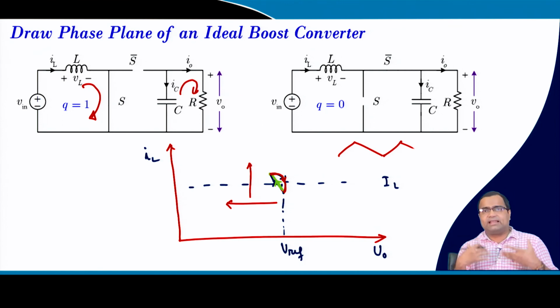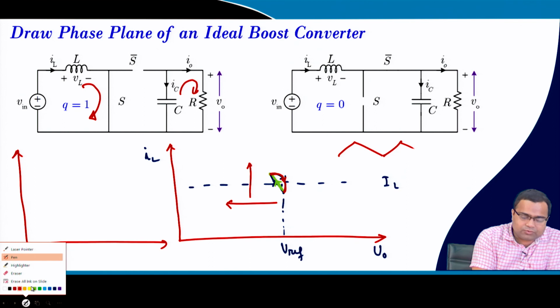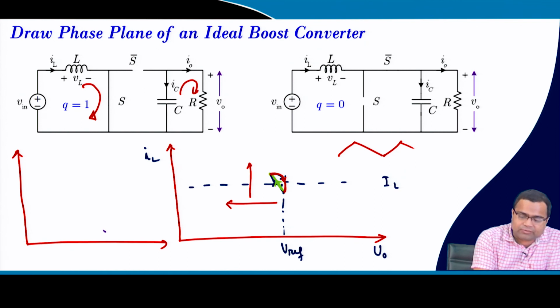In the subsequent lecture we will use what we learned about the vector field and the eigenvectors. We want to reach a certain desired trajectory. If we take the boost converter, for example, suppose we were here before a load transient, and after the load transient we want to reach here.